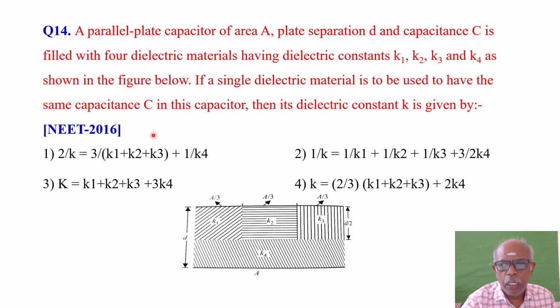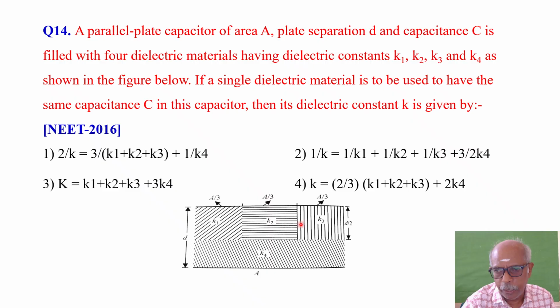The question is, a parallel plate capacitor of area A, plate separation d, and capacitance C is filled with 4 dielectric materials having dielectric constants K1, K2, K3 and K4 as shown in the figure.